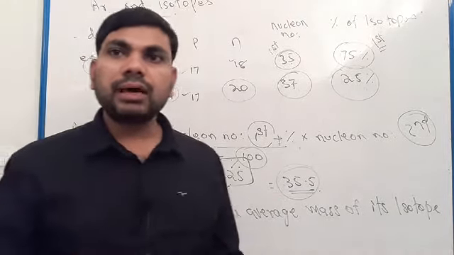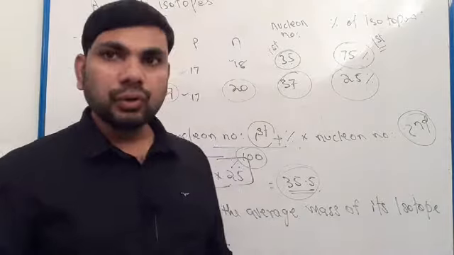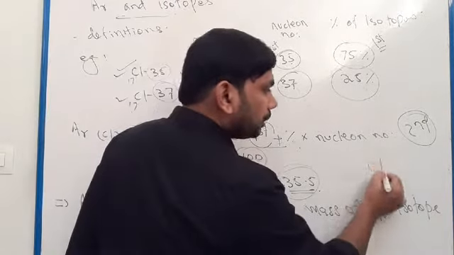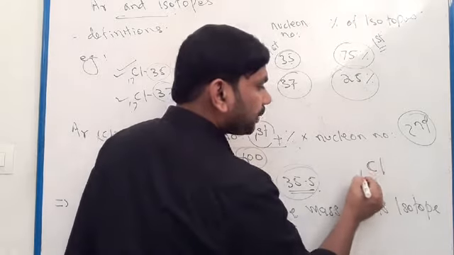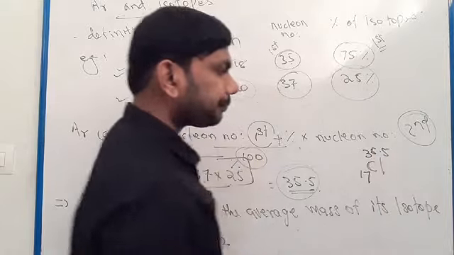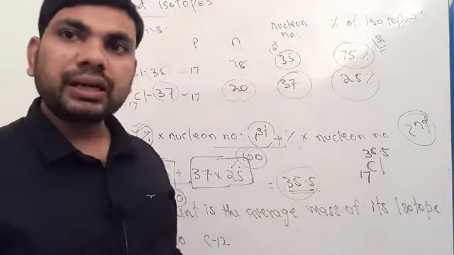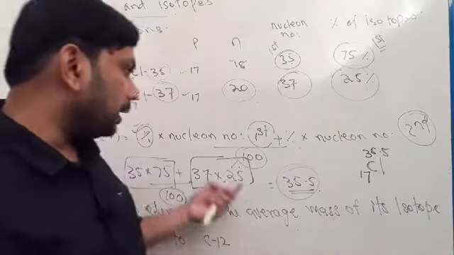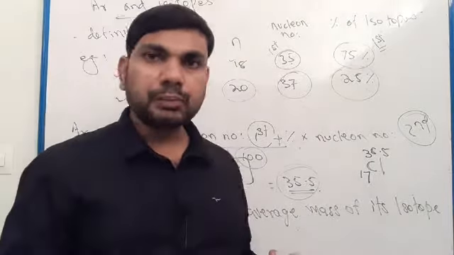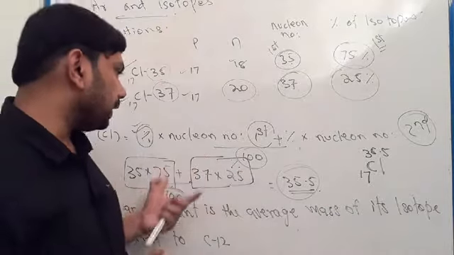So the relative atomic mass of chlorine is 35.5. In the periodic table you can see chlorine, atomic number 17, and 35.5. This fraction 35.5 comes from this calculation. If there are different isotopes, we have to do the same thing.